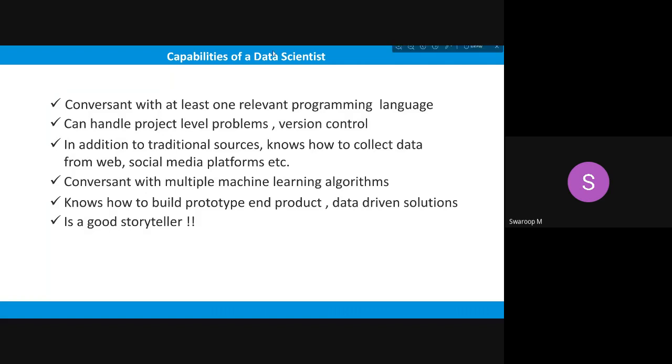You can handle project level problems, version controlling. In addition to traditional sources, you know how to collect data from the web. So web extraction, that means from Twitter, Google, Facebook, Yahoo, any other websites, right? Sometimes we don't have the data. Say today I just want to understand historical home loans.